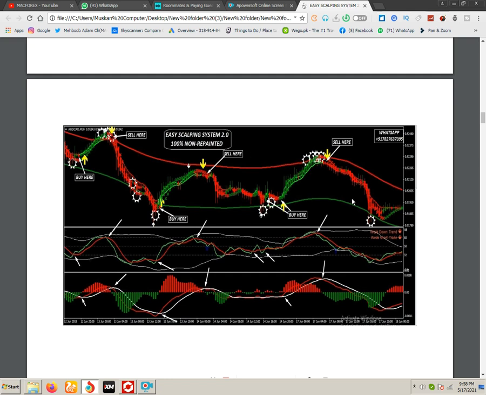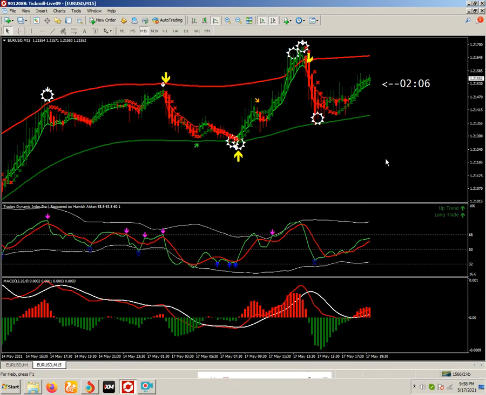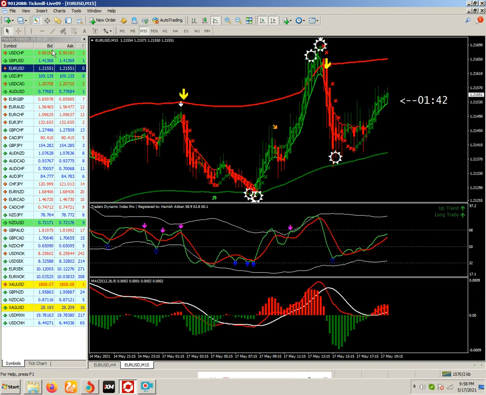And one more thing, you can use this indicator in binary options also. In binary trading you just open a trade for 1 minute or 2 minutes or 5 minutes. So you can utilize this indicator and get good results in binary.